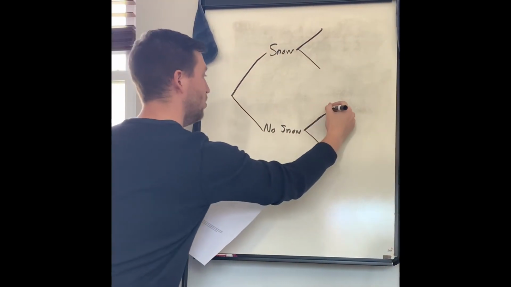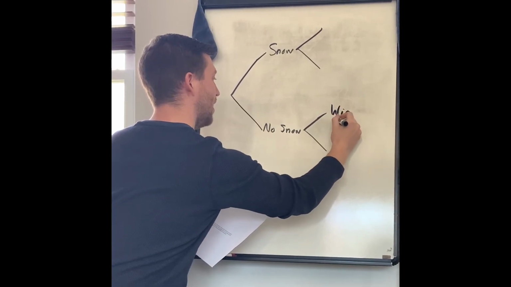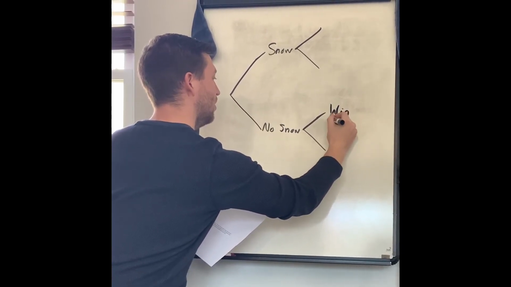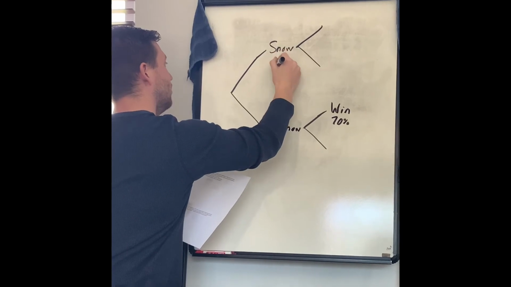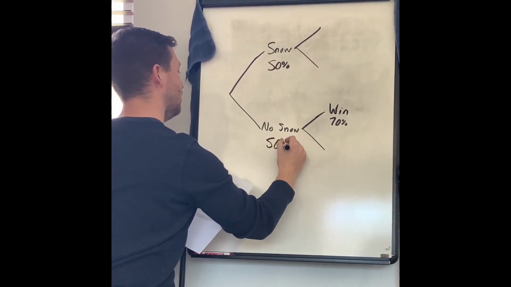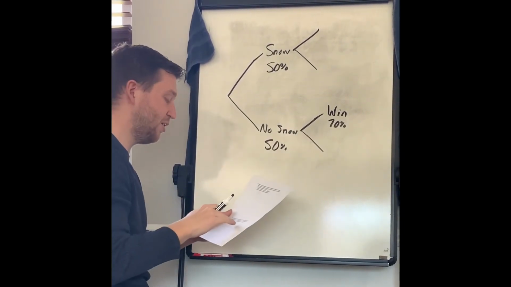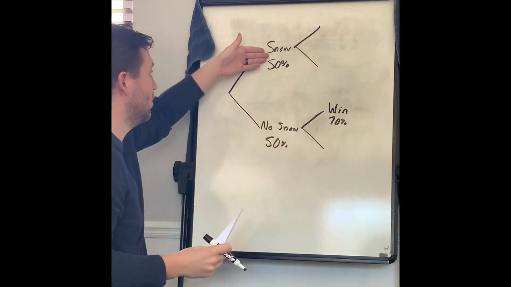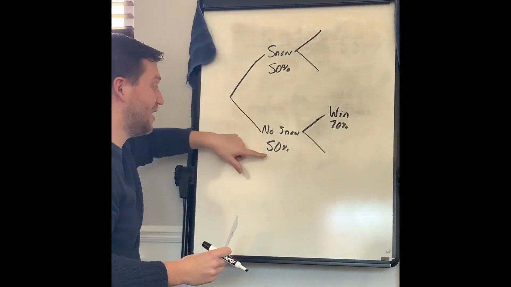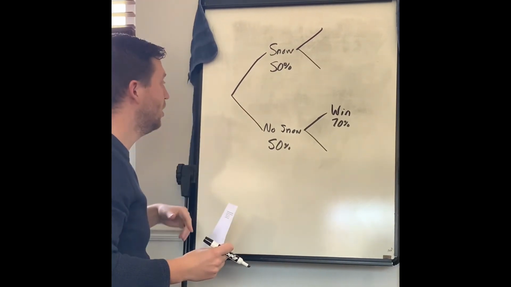So no snow, we'll say win. They've got a 70% chance. Okay, don't forget 50% snow, 50% no snow. Because remember the problem said there is a 50% chance of snow. It didn't tell us there was a 50% chance of no snow, but you have to make sure it adds up to 100.